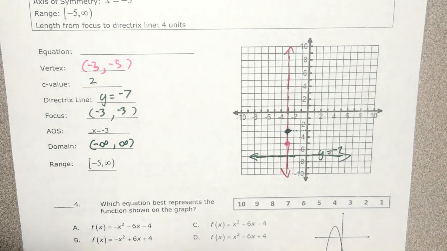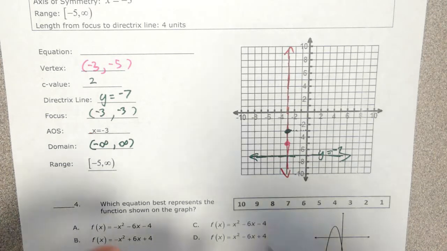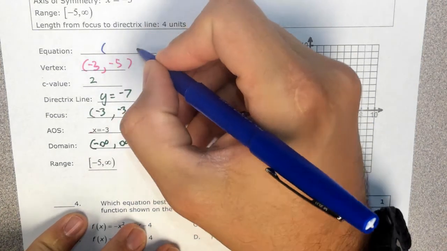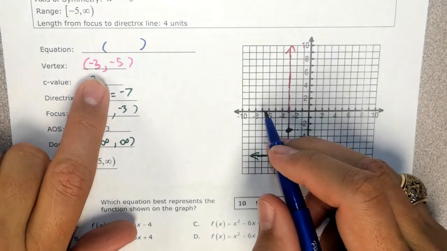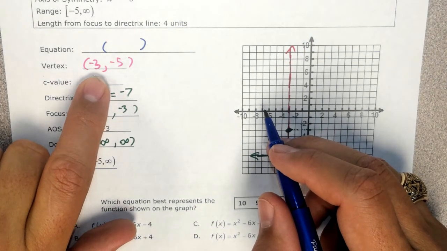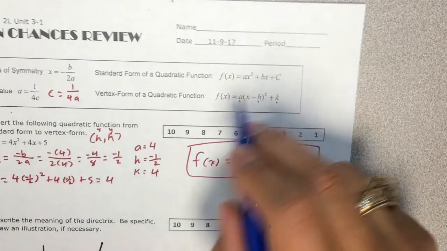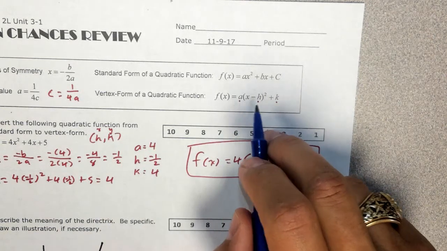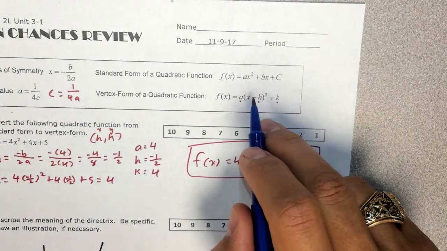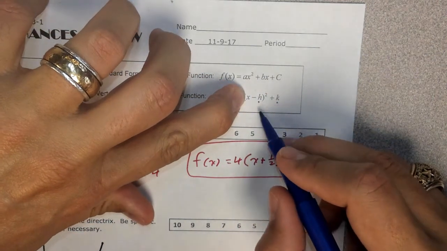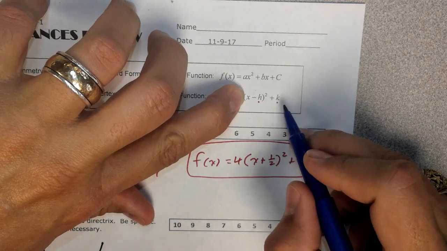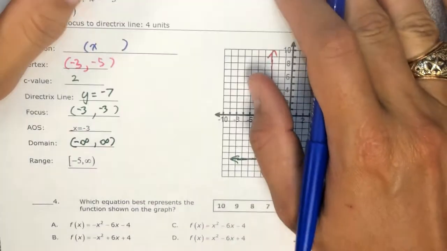Last thing we have to work on here is getting the equation done. First we can start listing out where my vertex is. We're going to put it in vertex form. My vertex is H, K. We're going to do everything but this A, and fill in H and K in this part of the vertex form.